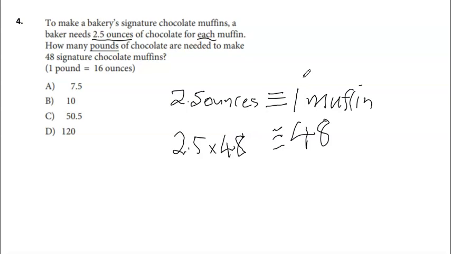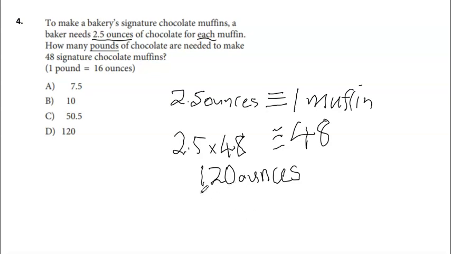When we multiply 48 times 2.5, we get 120, right? So this is 120 ounces. All right. And then the question says 1 pound equals 16 ounces, right? So if 1 pound equals 16 ounces and we have 120 ounces, how many pounds can we get out of that?